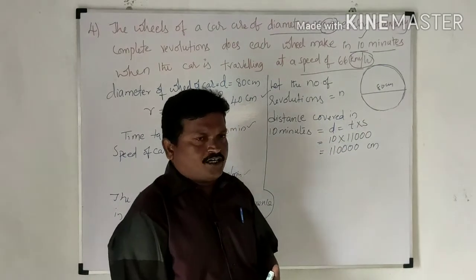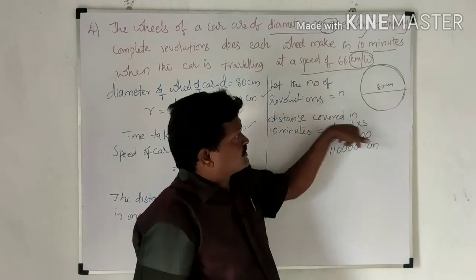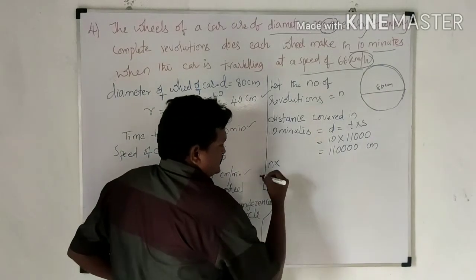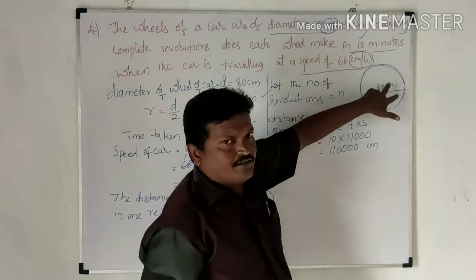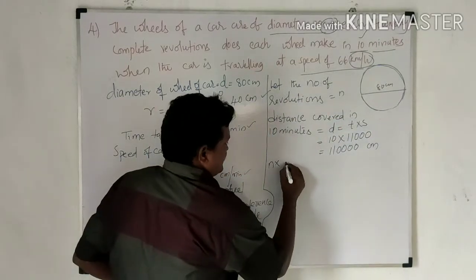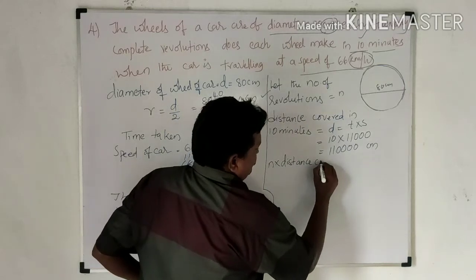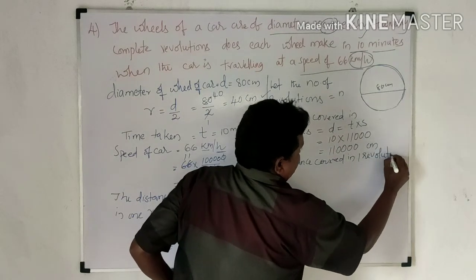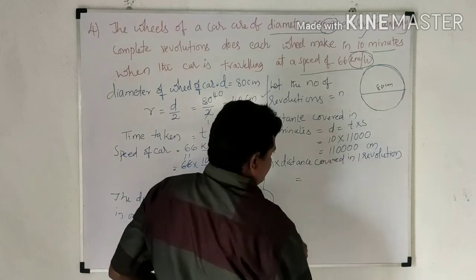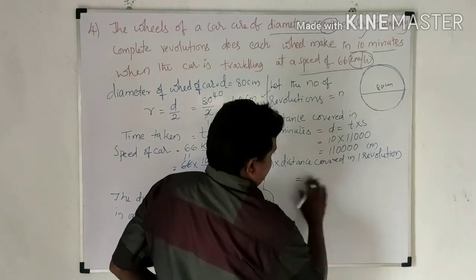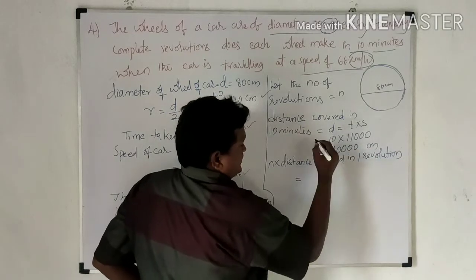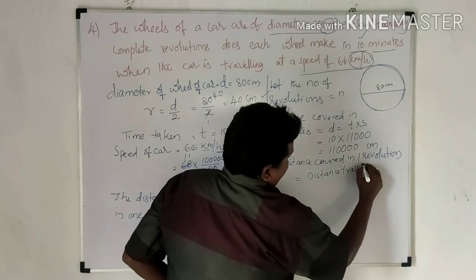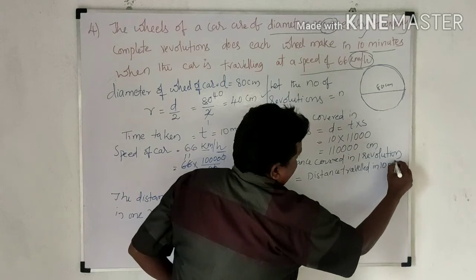Now we want to know how many revolutions it will take to cover this distance. So the number of revolutions into the distance covered in one revolution is equal to the total distance traveled in 10 minutes.